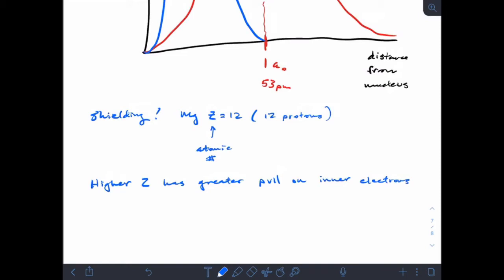Lots more protons pulling in on those inner electrons. But here's an important thing, is that the inner electrons shield the outer electrons from the pull of the nucleus.